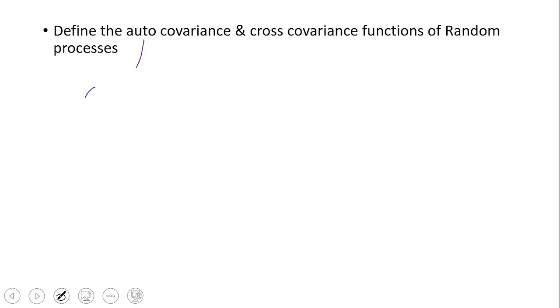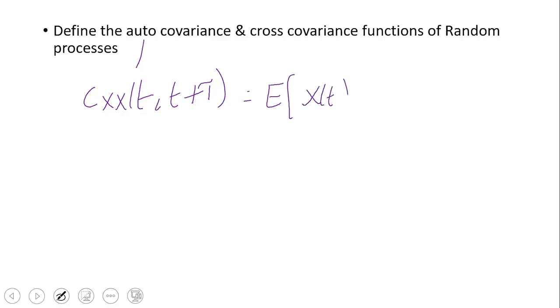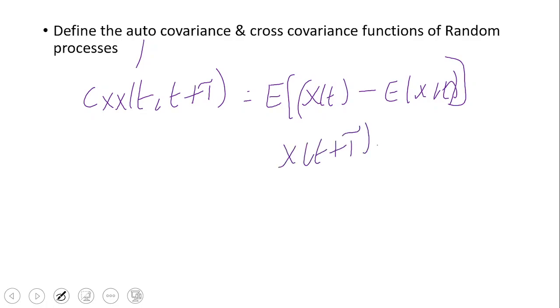Autocovariance is C xx of t comma t plus tau is equal to E of x of t minus E of x of t, into x of t plus tau minus E of x of t plus tau. So this is the autocovariance.